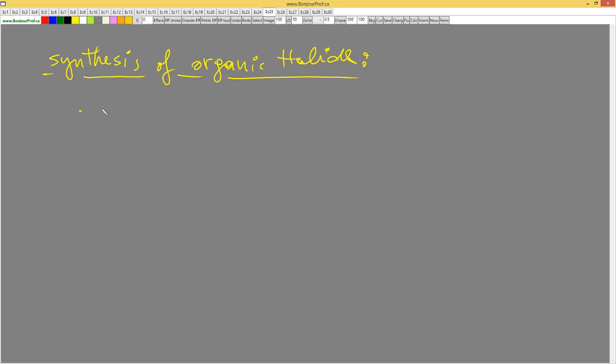We saw that addition in alkenes, substitution in alkynes, and we spoke about these 2 reactions. Okay, here I'm going to stop for the organic halides.